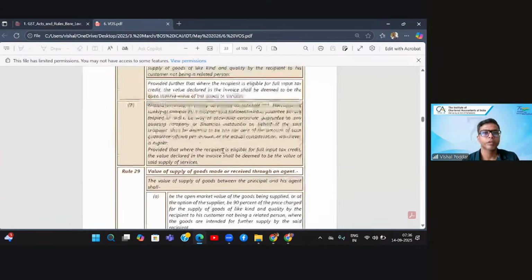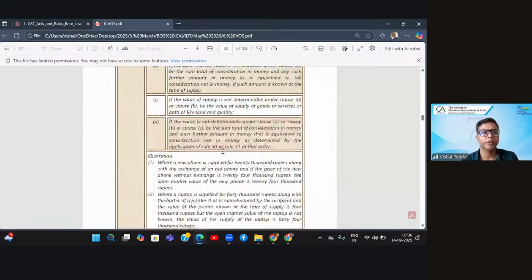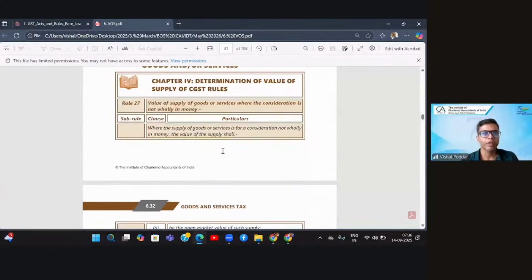Now, we come to Rule 27, 28, 29. You'll observe that we had three conditions, correct? For accepting transaction value: one, there has to be a value. Two, buyer and seller not related. Three, price is the sole consideration. Now, when any of these conditions is not present, you will drop 15(1), that is, you will ignore the transaction value and you will come to the valuation rules.